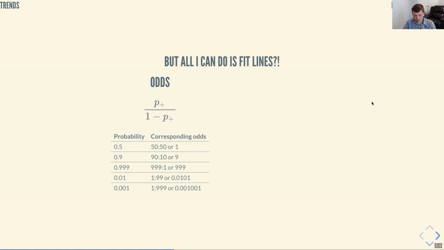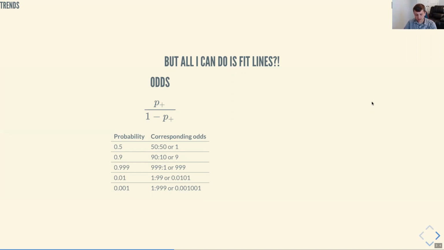So let's look at the odds ratio. Probability of winning is p plus, and probability of losing is 1 minus p plus. So we look at this ratio. Okay, we get something better than just binary, but the odds are unbounded.